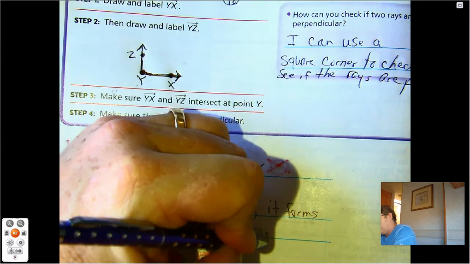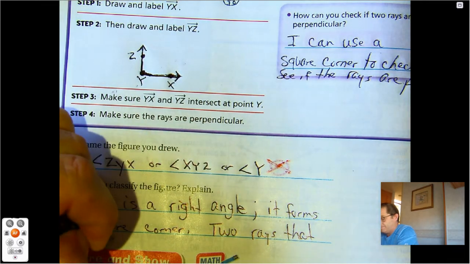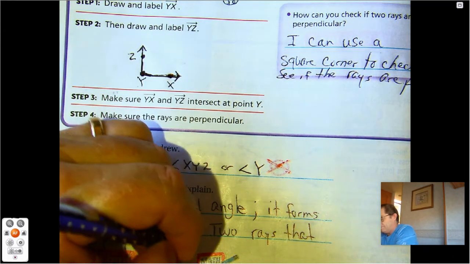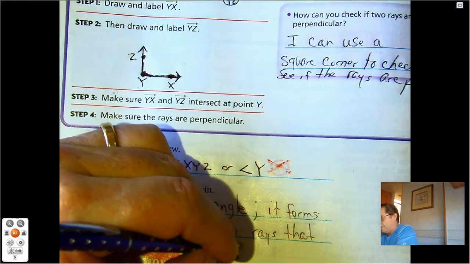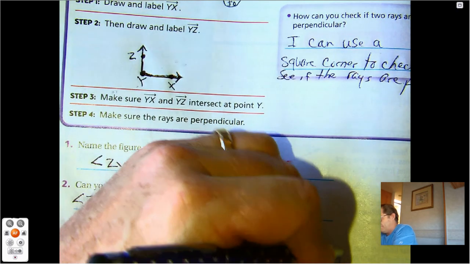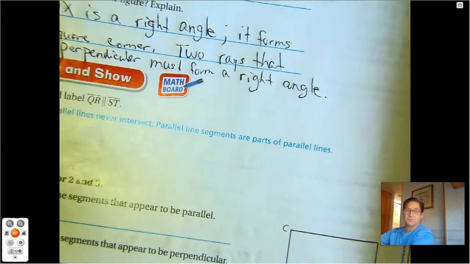Two rays that are perpendicular must form a right angle. Okay, they're not perpendicular if they don't form right angles.